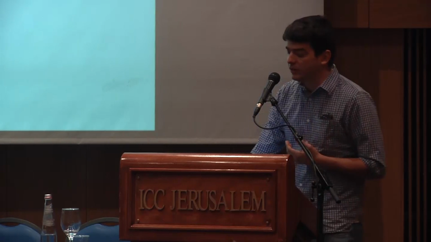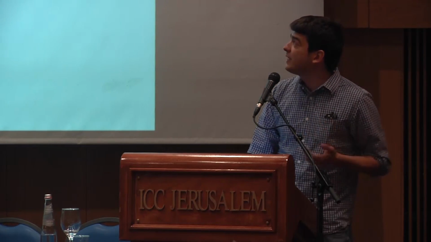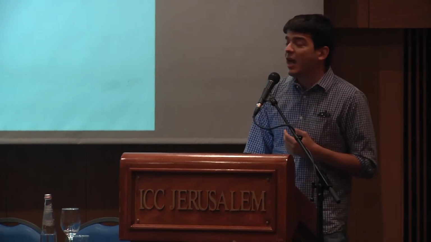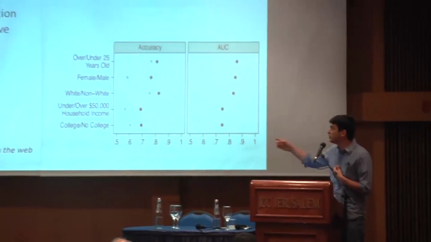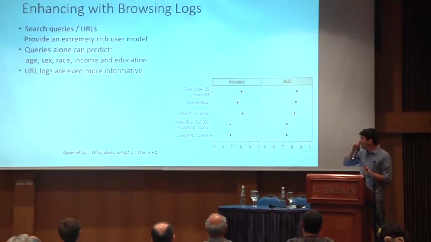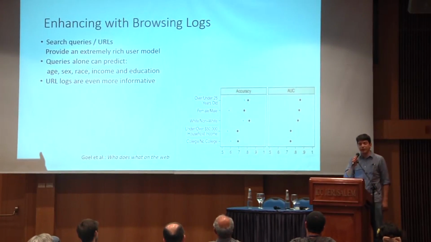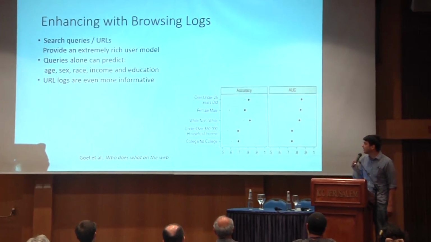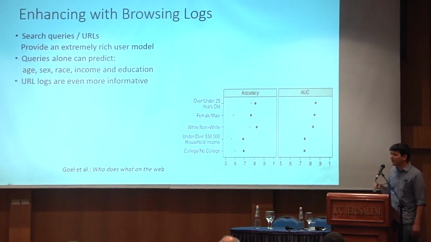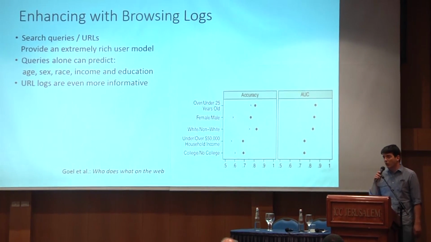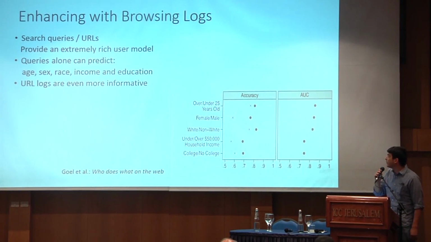So a little bit about browsing logs. So I said there's search queries and URLs. And if we consider queries alone, they've been shown in many works, including this paper by Goel et al., to be able to predict many facets of the user. So if I'm wanting to predict age, sex, race, and so forth, demographic information, I can easily do so from the query log of the user.